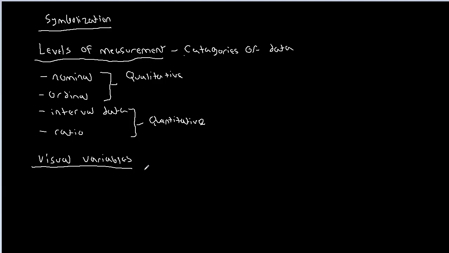Now, as I said before, there are actually 9 visual variables, but we are only going to be talking about a few of them today because we are going to have an entire section dedicated to the idea of having different options for color.